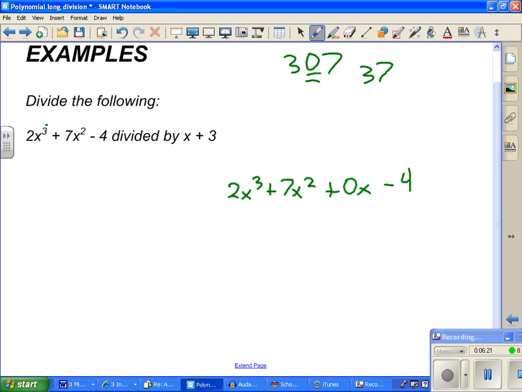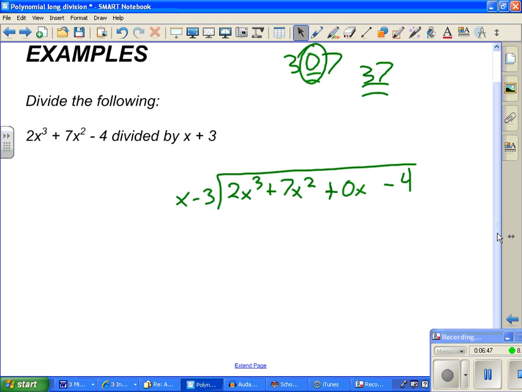Well, if we look at these powers, it's 3, 2, there's no x to the first. So I need to add one in here and make it 0x to the first. You always have to have your placeholders, just like you have a placeholder here to make it 307 and not 37. That 0 means something. And we're going to divide by x minus 3.